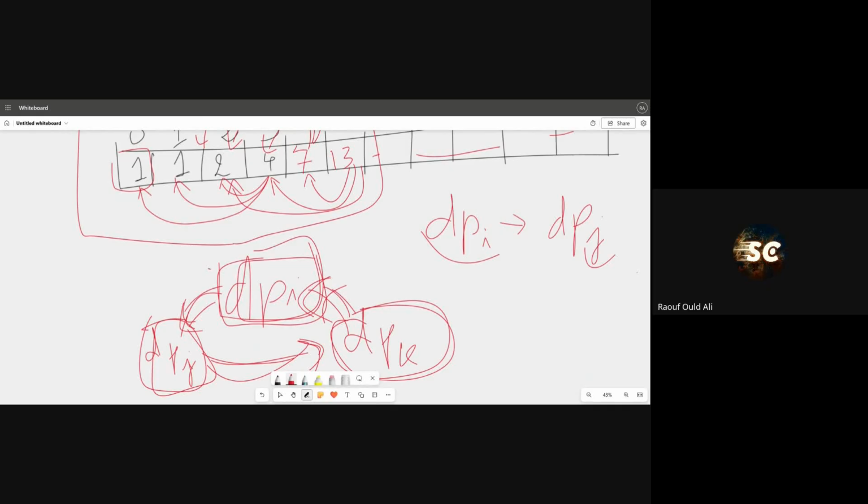Does this make sense? So always remember that the transitions graph of dynamic programming is always and always acyclic.